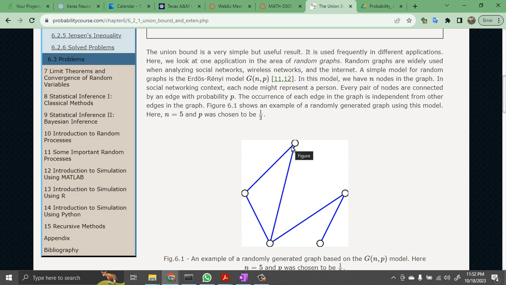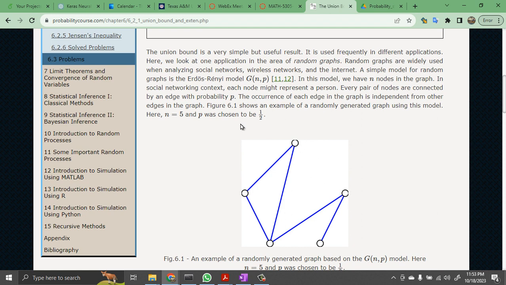Right? So if you think about constructing this kind of random graph, you would lay down the nodes, and then for every possible pair, you would flip a Bernoulli coin with success probability p, and if it comes up heads, then you would draw an edge between those 2 nodes. Okay, so there's probability p of an edge between any 2 nodes.